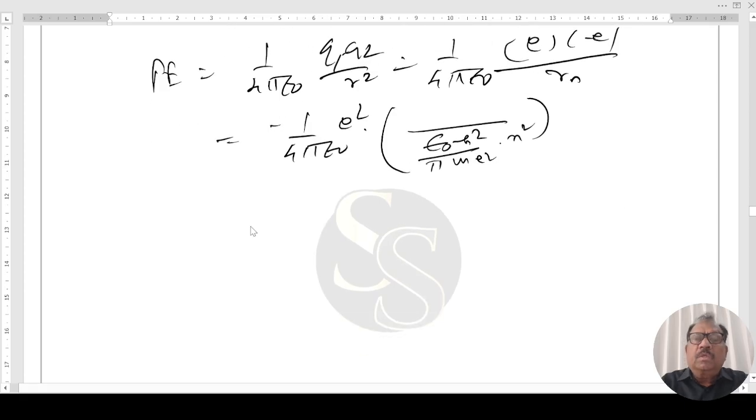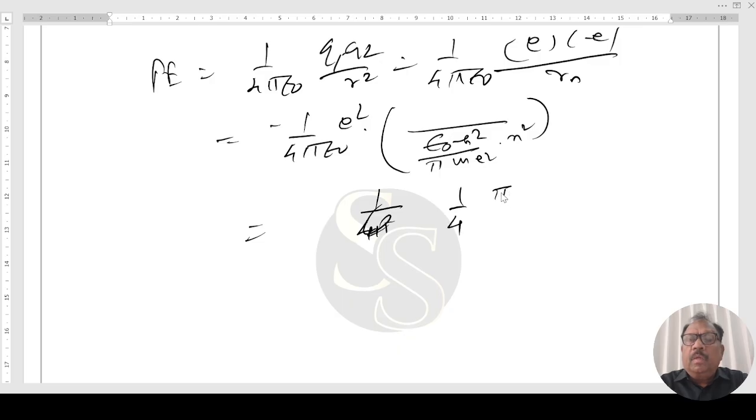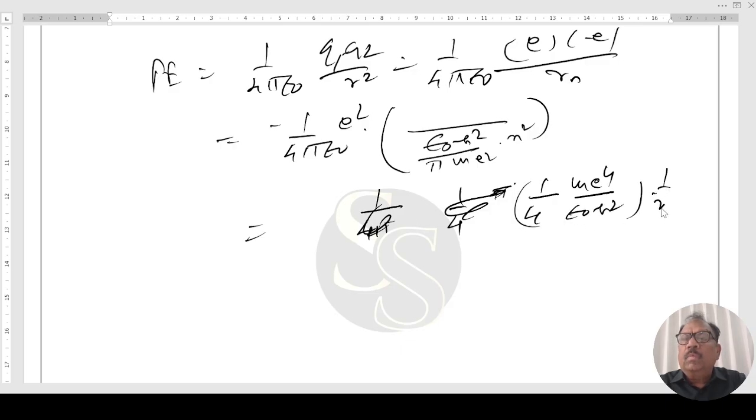On simplification, this comes out to be 1 by 4 pi into m e^4 upon epsilon naught square h square into 1 by n square with negative sign.